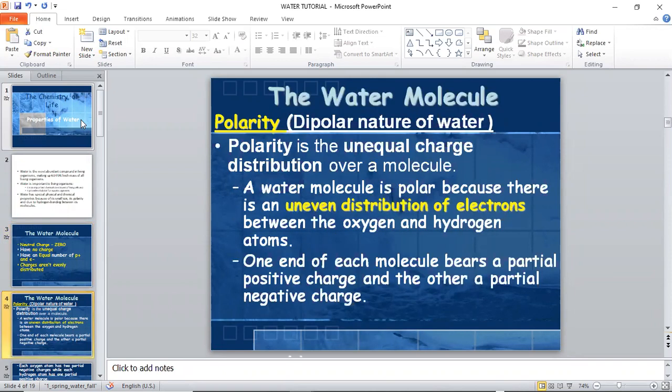So water has a dipolar nature. Polarity is simply the unequal charge distribution over a molecule. So when you look at the molecule of water, you find that one end of each water molecule will bear a partial positive charge, while the other end will bear a partial negative charge, which leads to the uneven distribution of the electrons.